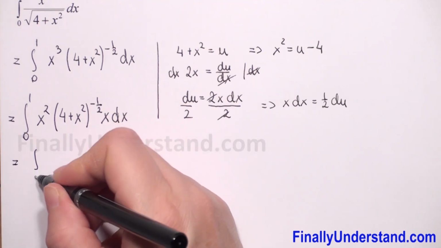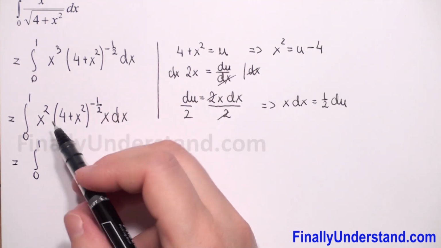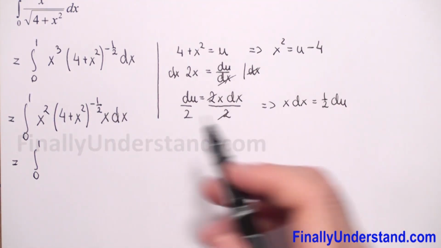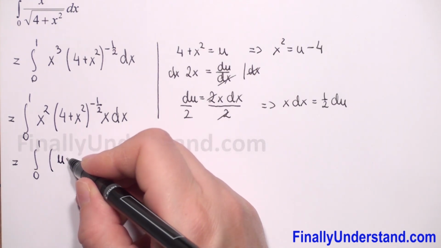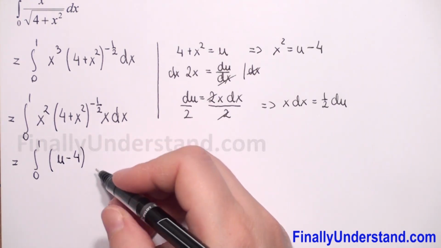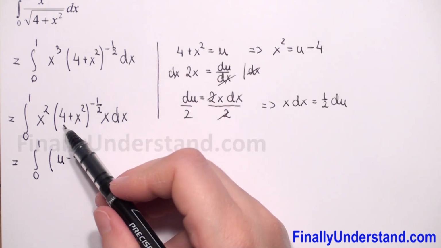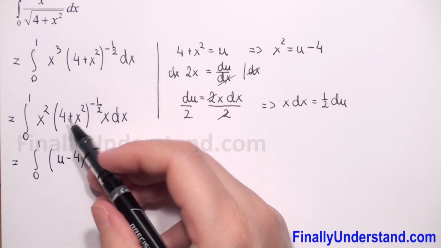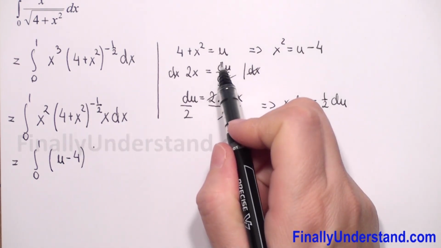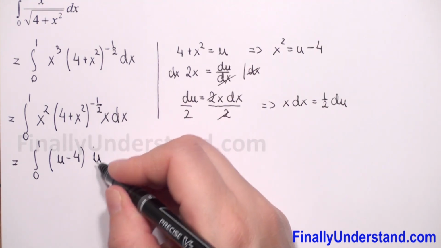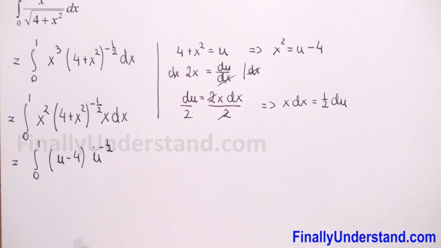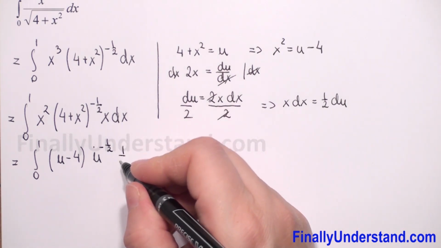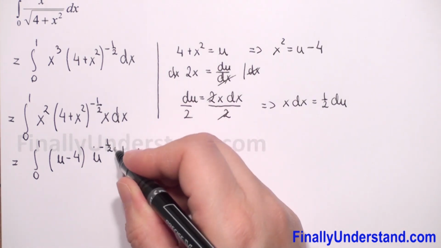We have to copy the integral symbol. x squared is equal u minus 4. Let me put this in parentheses. We have u minus 4. Next we have 4 plus x squared equals u, so it will be u to the power negative 1/2 and x dx is equal 1/2 du.